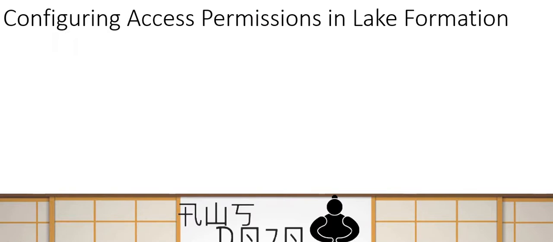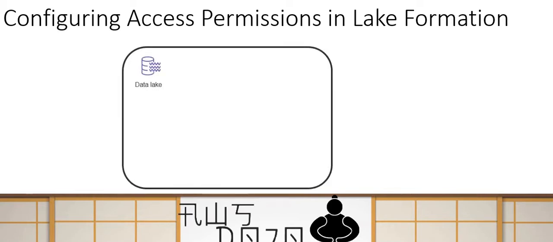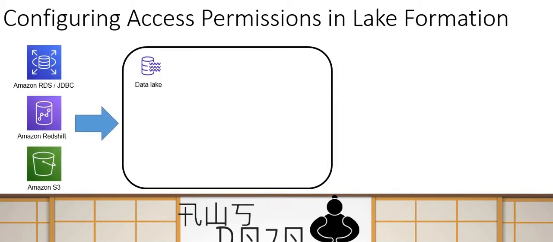Before we talk about the feature, let's understand how the whole access configuration inside Lake Formation works. When you are setting up a data lake using Lake Formation, you will have your data sources. Your data sources could be in an S3 bucket, or in Redshift, or any kind of relational database or JDBC endpoint.